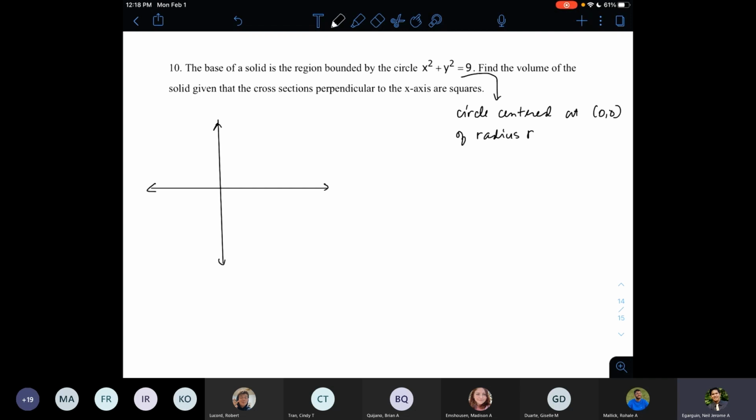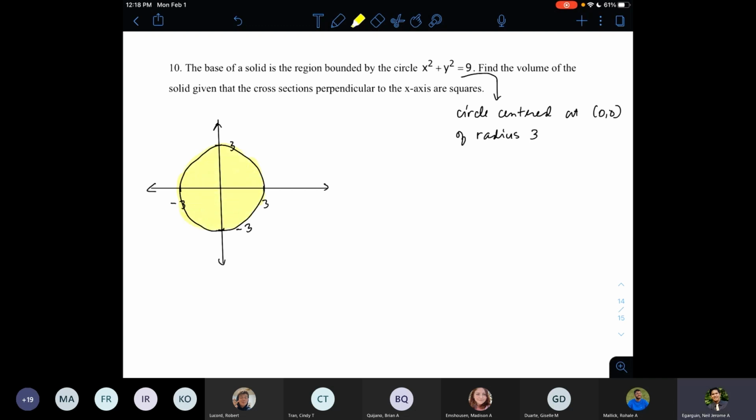If you remember your conic sections. So I'll have a negative 3 here, negative 3 here, and 3 here. Then I'll have a circle. Imagine that's a perfect circle. And then this is the base of our solid.